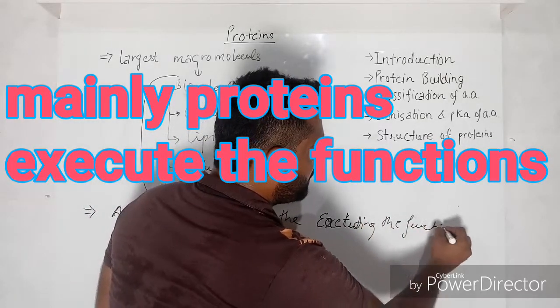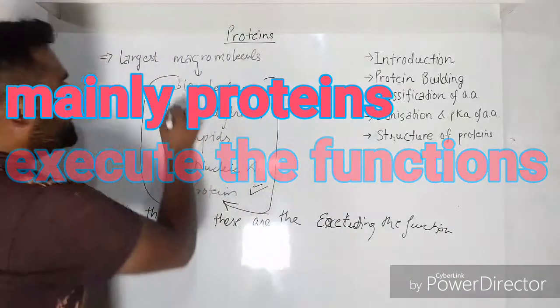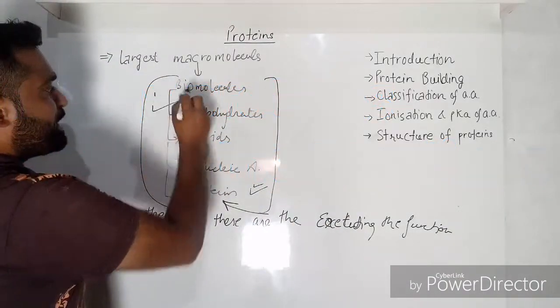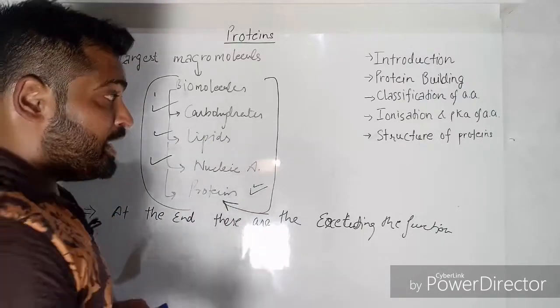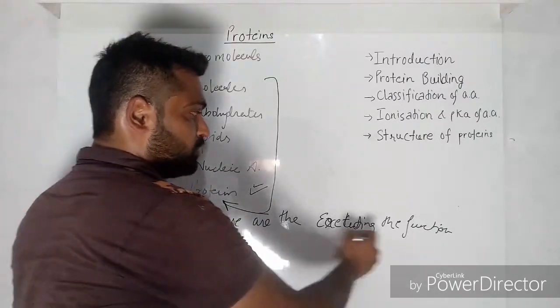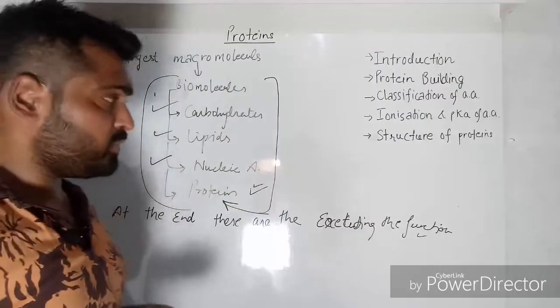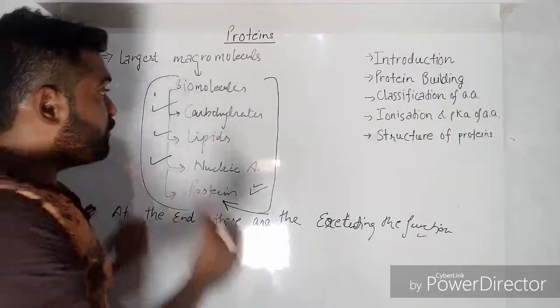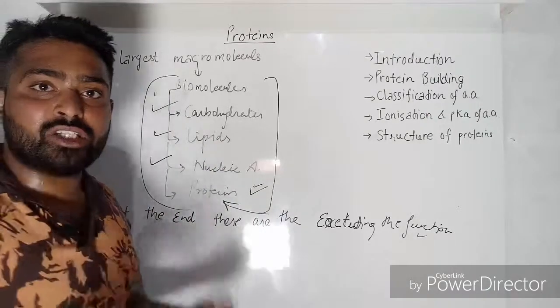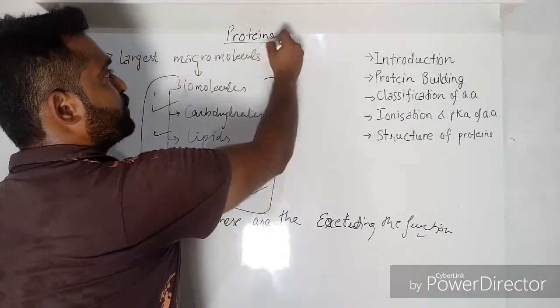Or we can say, the functions of these biomolecules, that is carbohydrates, lipids, and nucleic acids, are somehow dependent on the functions of the proteins. Or we can say, these biomolecules perform their functions in conjunction with these proteins.